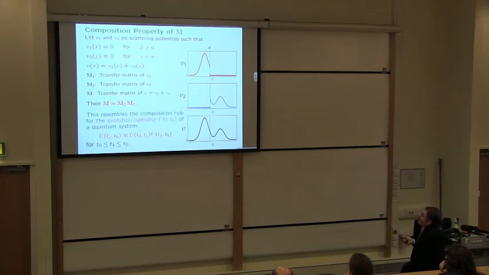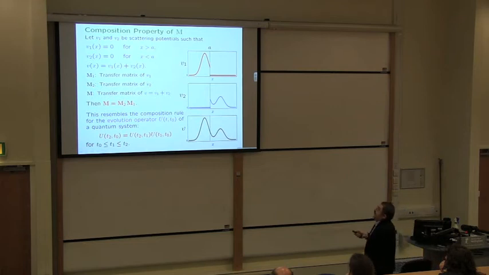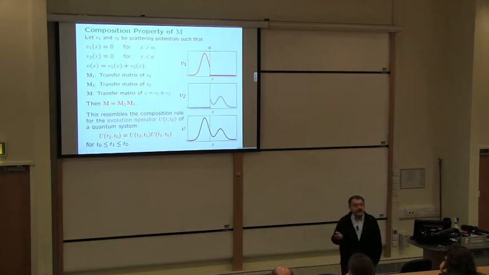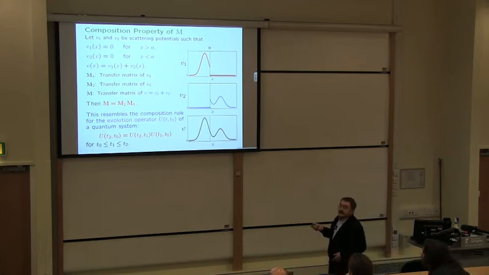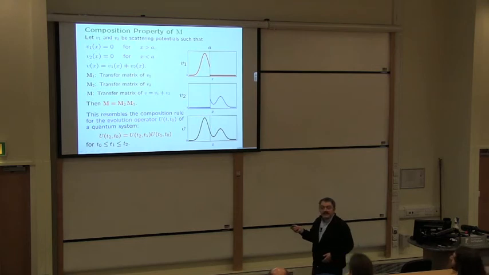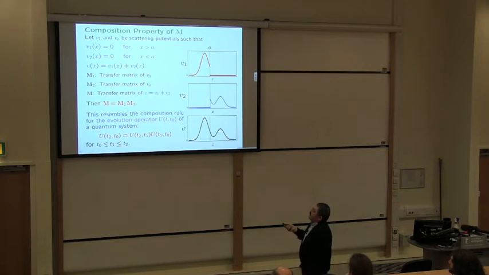Now, a couple of years ago, it occurred to me that this is the same composition rule for the evolution operator in quantum mechanics. If U is the time evolution operator, to evolve from T0 to T2, you can evolve to T1, and then from T1 to T2. So I asked, can I write these M's as the evolution operator for some quantum system?